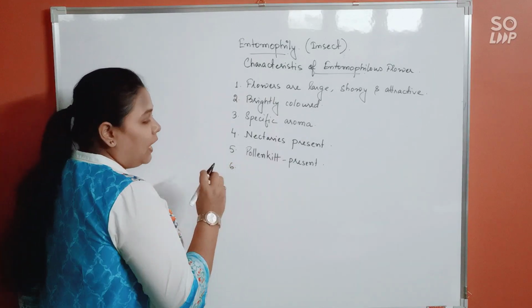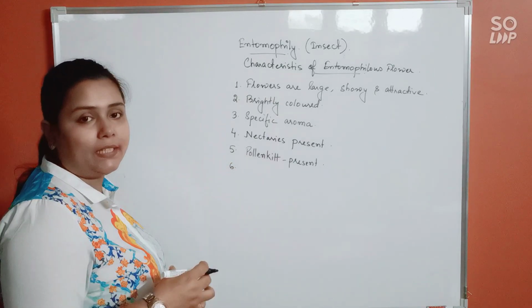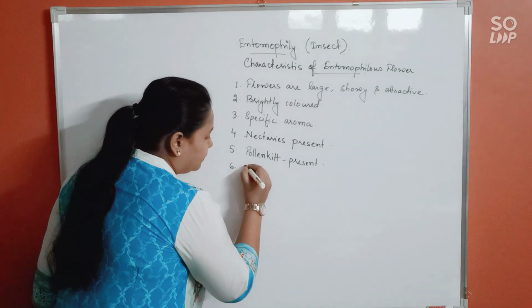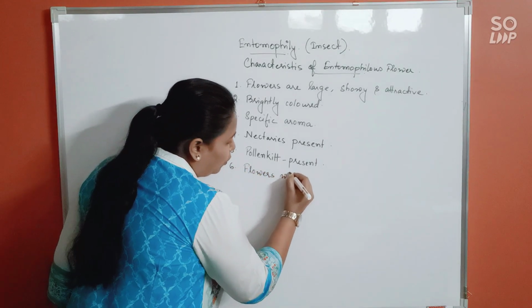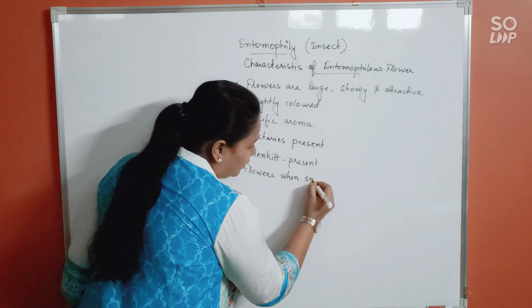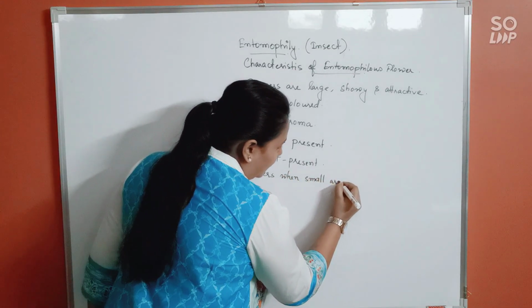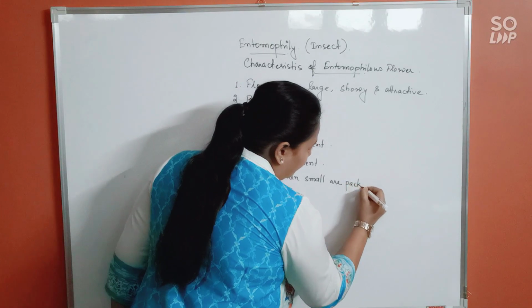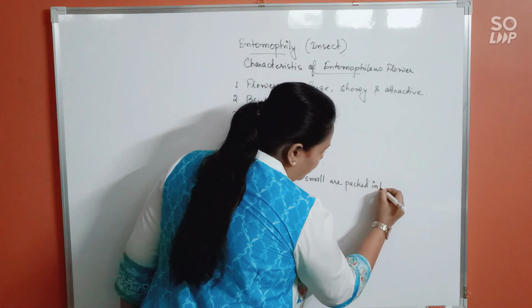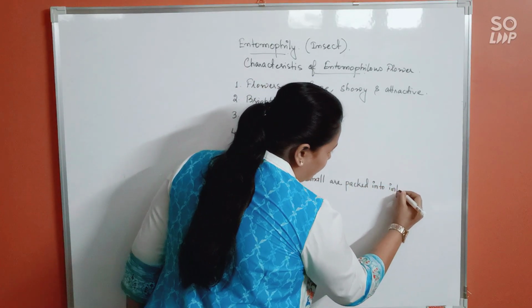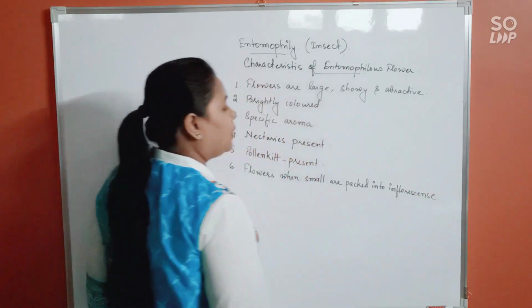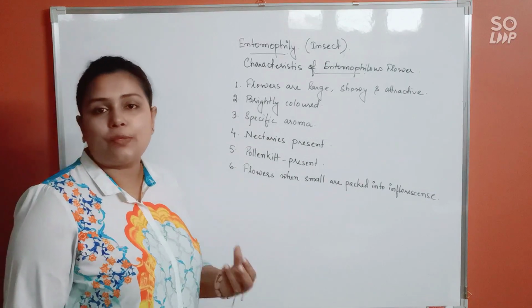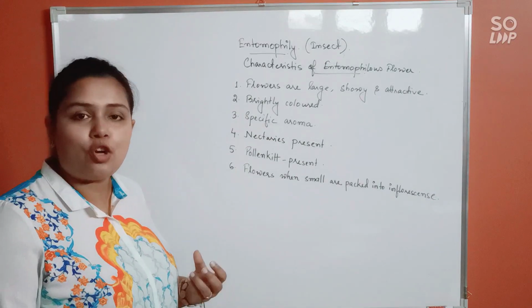In case the flowers are small, they will be packed into inflorescence. Flowers, when small, are packed into inflorescence. Alright? So that if the flower is small, it will not be very attractive or showy, right?